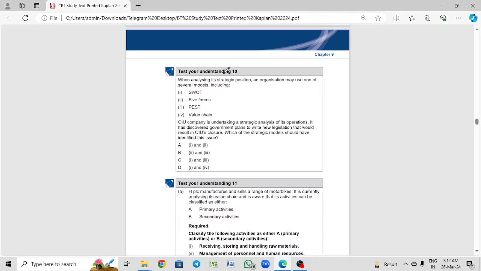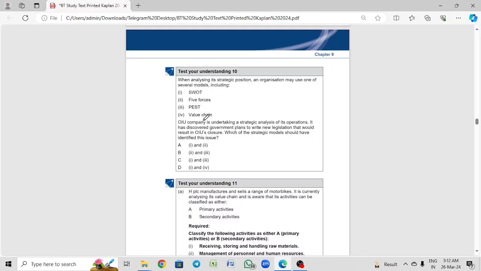When analyzing its strategic position, an organization may use one of several models including SWOT analysis, five forces, PEST and value chain. OIU company is undertaking a strategic analysis of its operations. It has discovered government plans to write a new legislation that would result in OIU's closure. Which of the following models should have identified these issues?